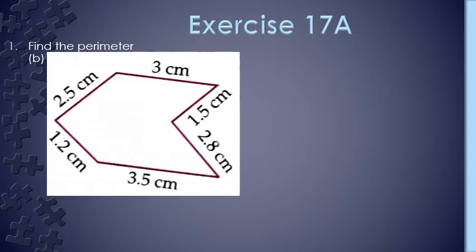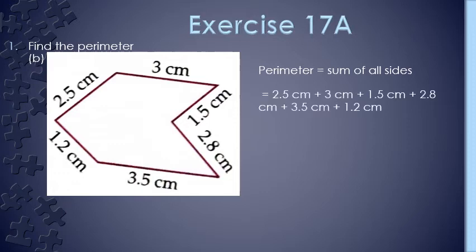So this figure is made up of 6 line segments, and how will you find out the perimeter? By adding the length of these 6 line segments. So let us see. Perimeter is equal to sum of all sides, and there are 6 sides in this figure.